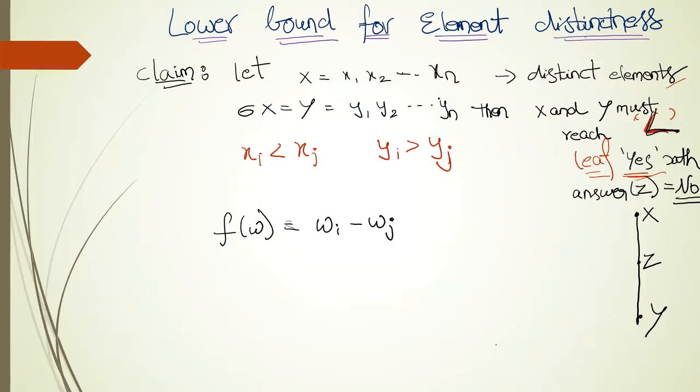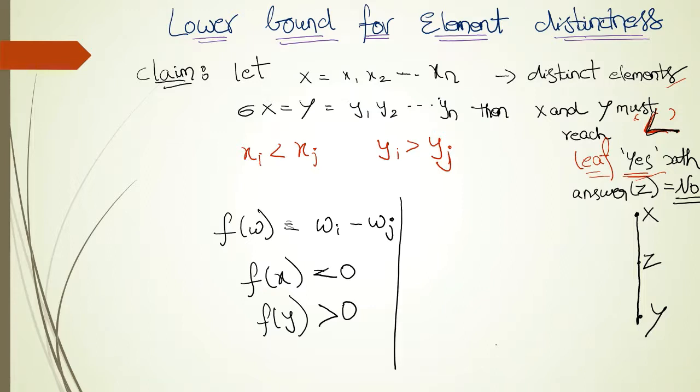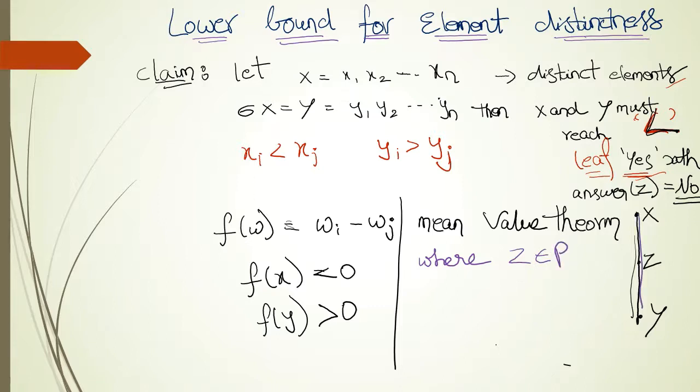We have the subclaim that xi is less than xj and yi is greater than yj. So with this, f of x is less than 0 and f of y is greater than 0. The mean value theorem suggests that there exists z on the same path such that f of z is 0.